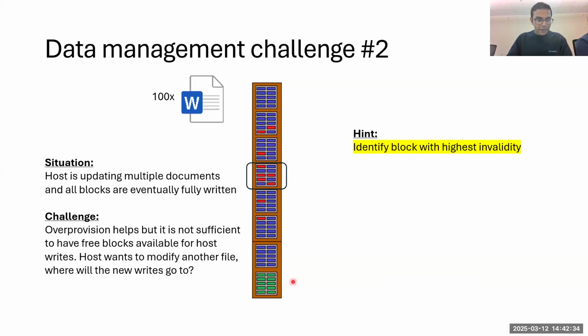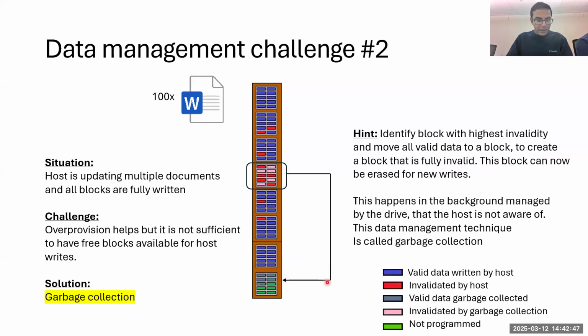This block here had 5 invalid pages and 5 valid pages, so you can just move all of this valid data to this block here. The data shown in light blue here is the valid data that's moved from this block to this block. With that, before the host can update more data, we have moved some of the valid data by selecting a block with the highest invalidity.